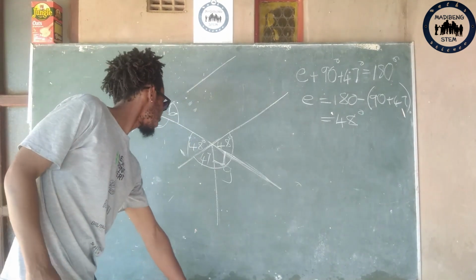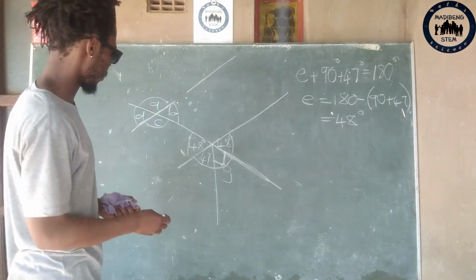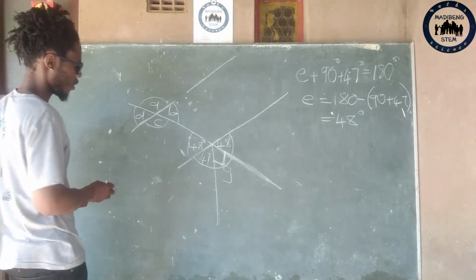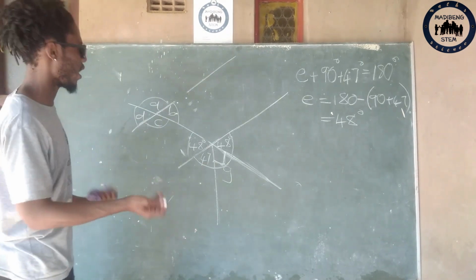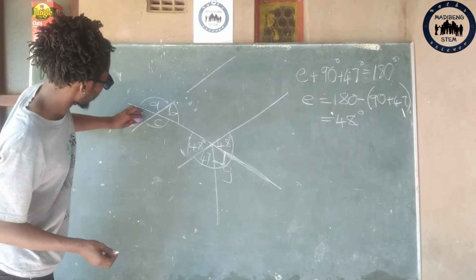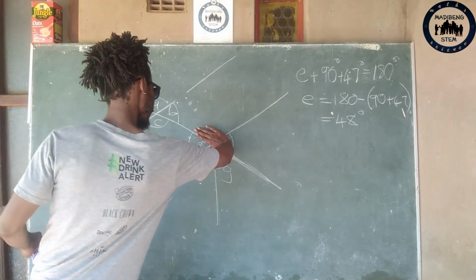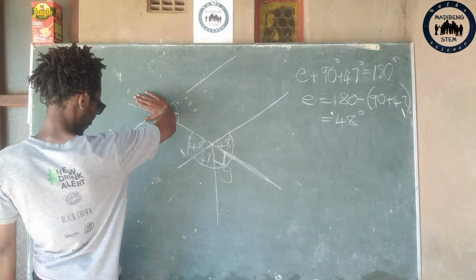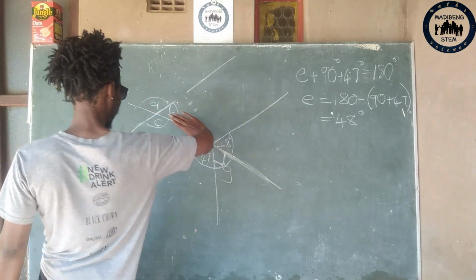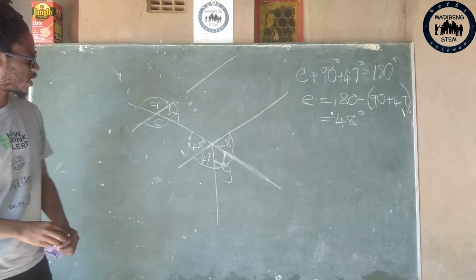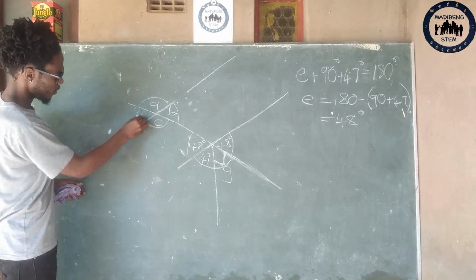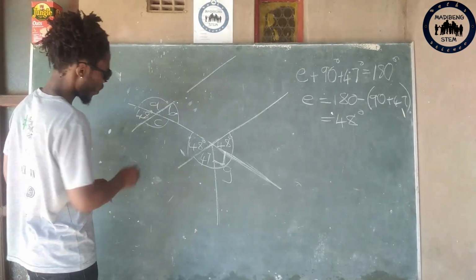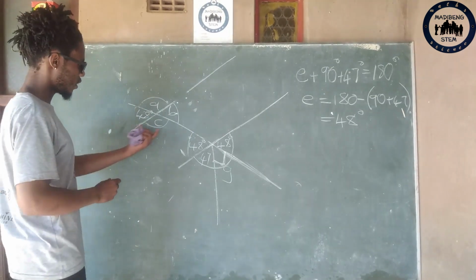Easy peasy. You know co-interior angles. We know corresponding angles. This angle looks exactly like this one. They are corresponding angles. So this is 48 degrees. So what is this one? What is C?